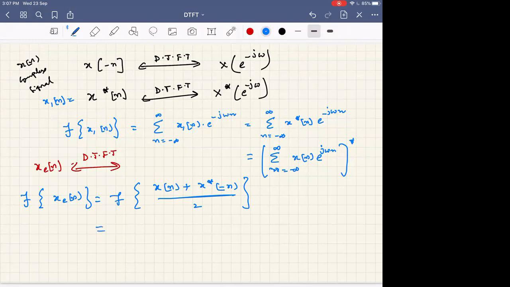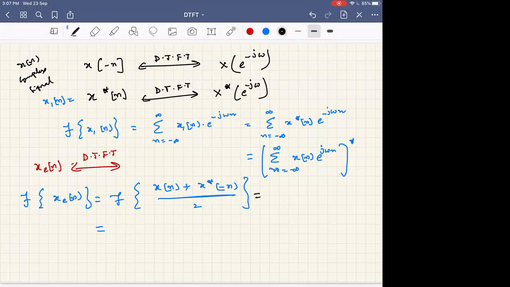So now I will substitute this. This is equal to what? This is equal to the Fourier transform of... I would like to skip writing Fourier transform now.